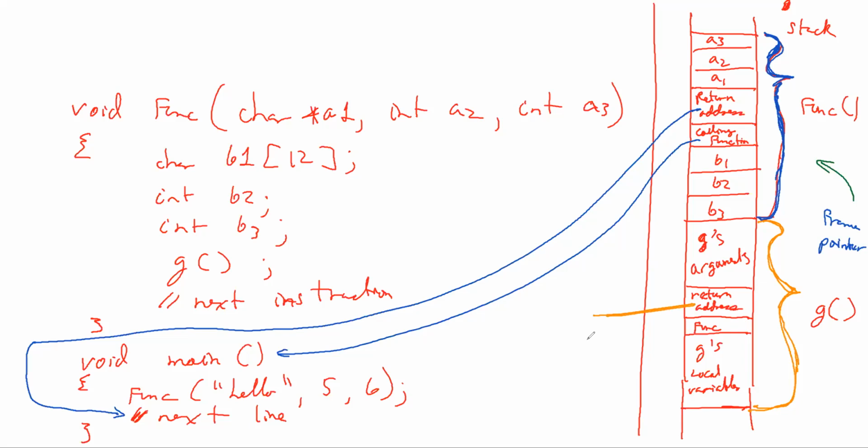I said the function at the top. But what part of it? Remember, it's the return address. That is to say, when G finishes executing, you want to go to that next instruction. So where is that?